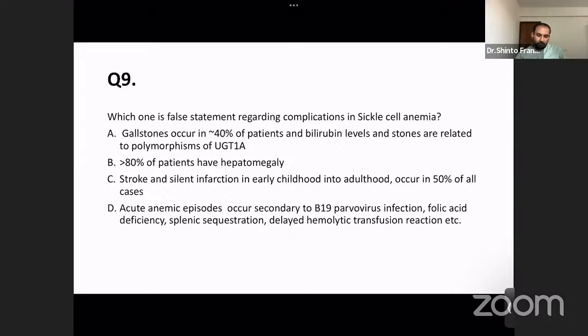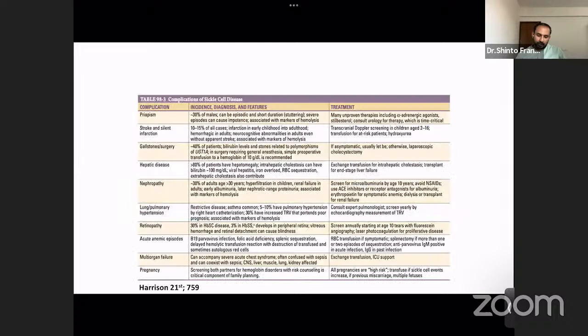More than 80% of patients have hepatomegaly, stroke and salmonella infection in early childhood up to 50%. Acute anemia episodes secondary to parvo B19 infection and folic acid deficiency, splenic sequestration, and delayed transfusion reaction. So you can see that stroke and infection is not 50%, it is 10 to 15% of all cases.